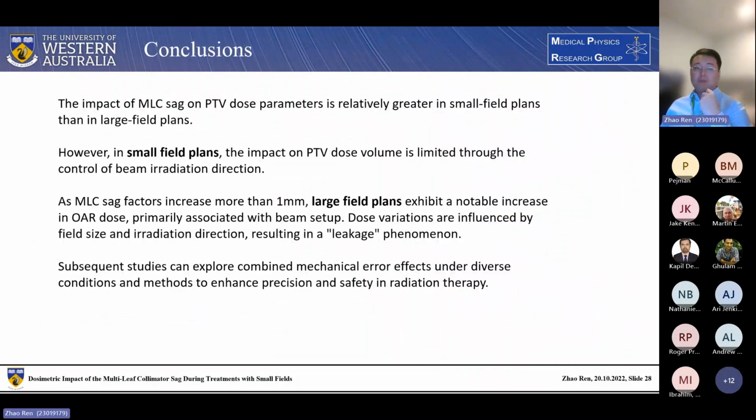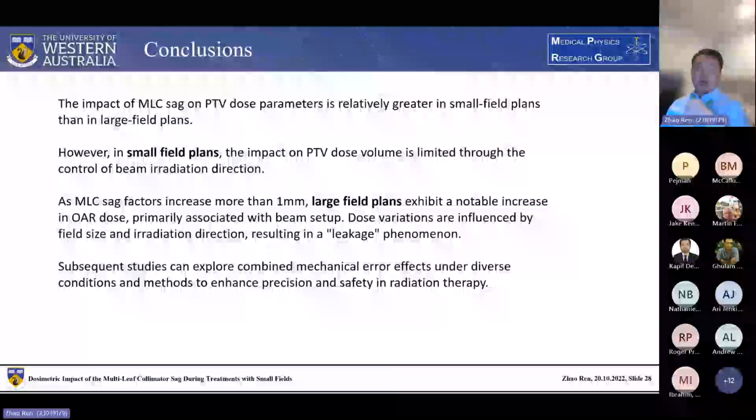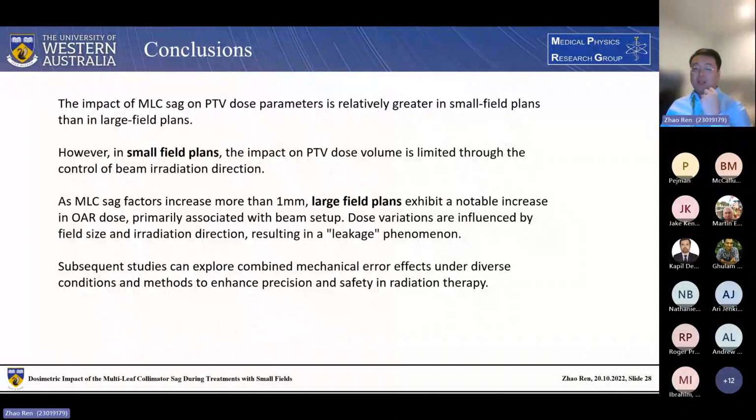So the conclusion of my research is that the impact of the MLC sag on PTV dose parameters is relatively a little bit greater in small field plans than in large field plans. However, in the small field plans, the impact on PTV dose volume is limited through the control of the beam irradiation directions.